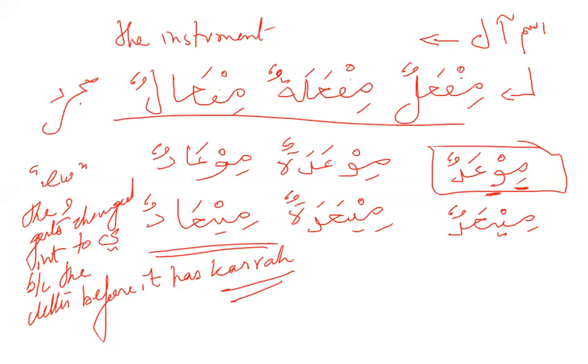When do we have the instrument? For example, fataha is to open. Miftahun is the key which opens. So mi'adun or mi'adatun can be the time or place where a promise is made.